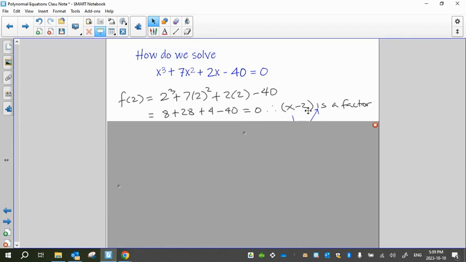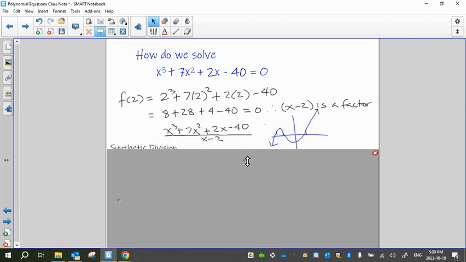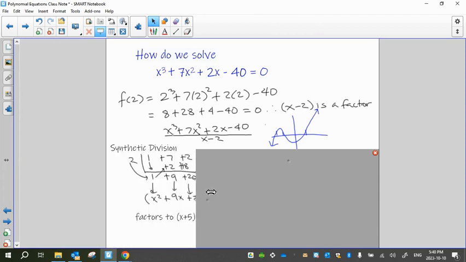If we know that x minus 2 is a factor, now to find the next factor, we are going to execute our division. We're going to take x cubed plus 7x squared plus 2x minus 40, divide by the factor that we already found, which is x minus 2. And just like before, because x minus 2 is the divisor and the coefficient here is 1, it's easier to do synthetic division.